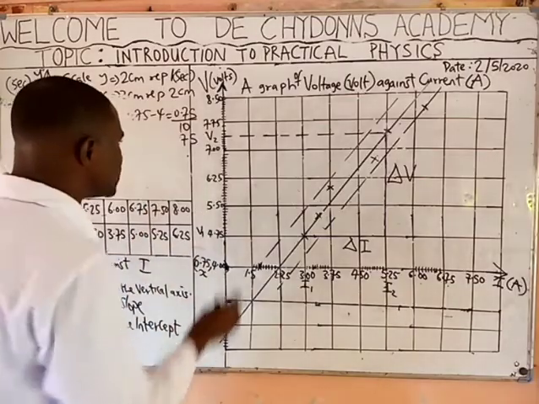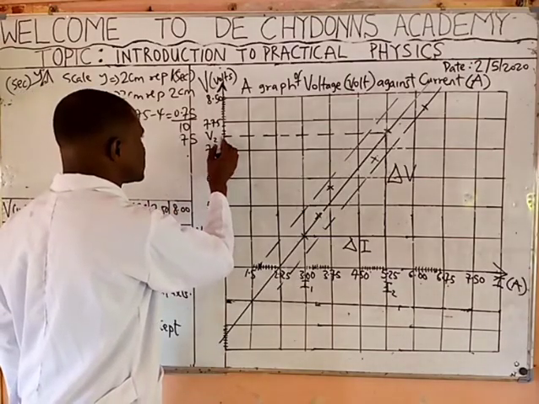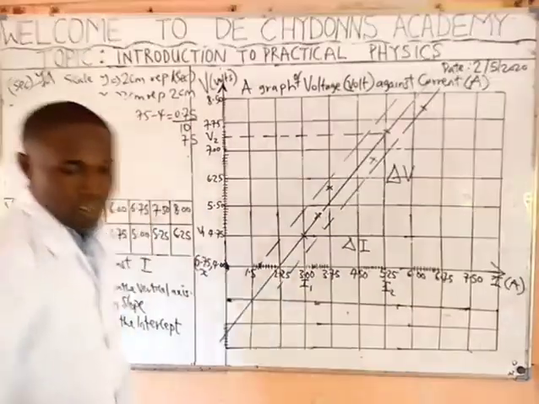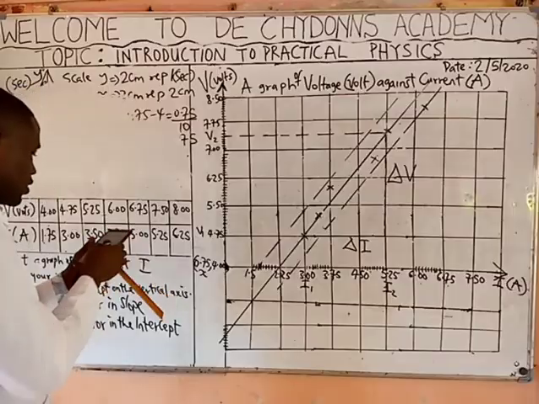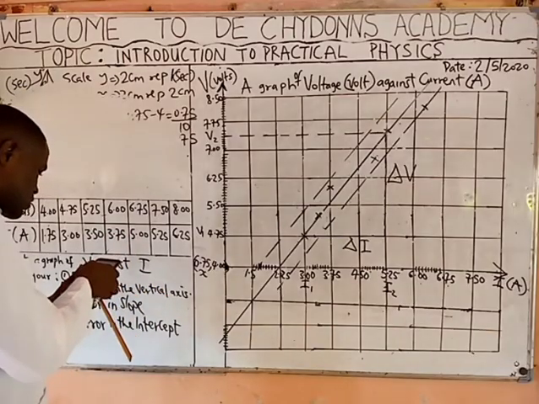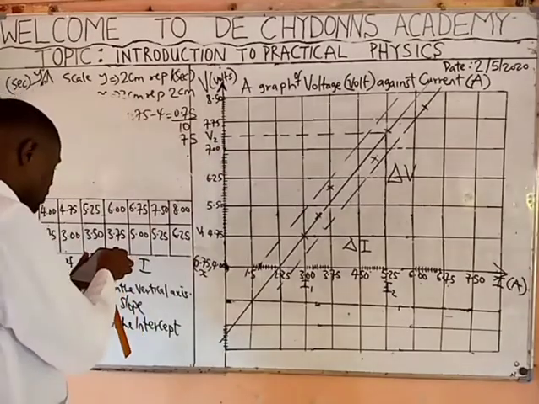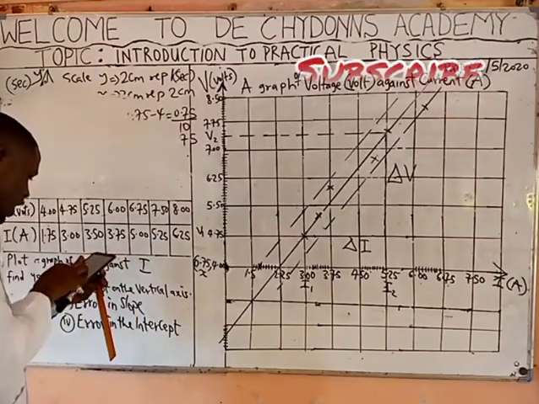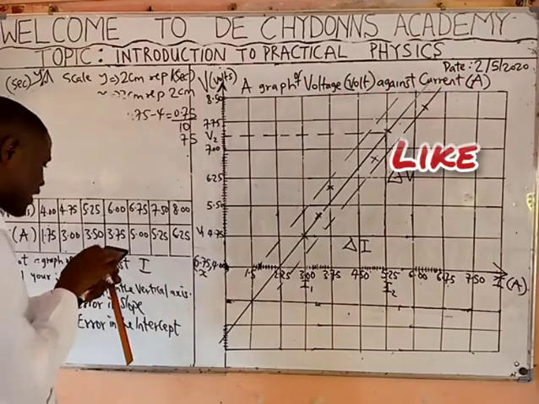So after getting it, what you now do is I say 1, 2, 3, 4, 5, 6. 6 points. Now because it is 6 points, each of the point is 0.075. You say 0.075, okay, times 6.